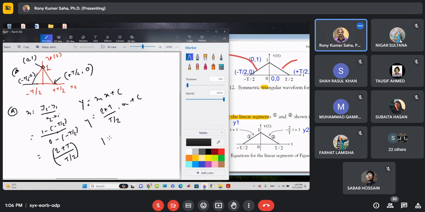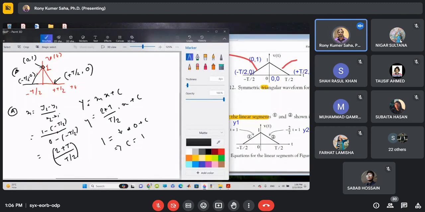So y is equal to this one multiplied by x1, which is 0, plus c. So here you can see you have found the value of c equal to 1. Now you should be able to write the equation for this part, because we didn't know the value of this c.